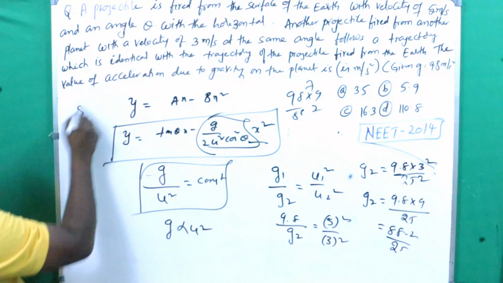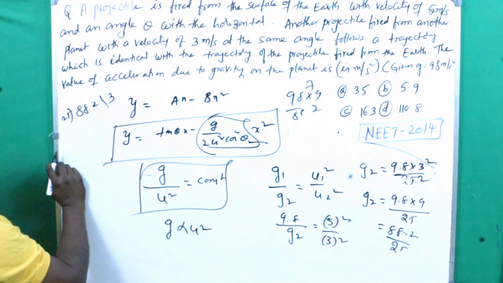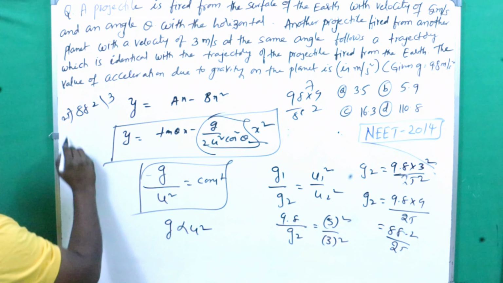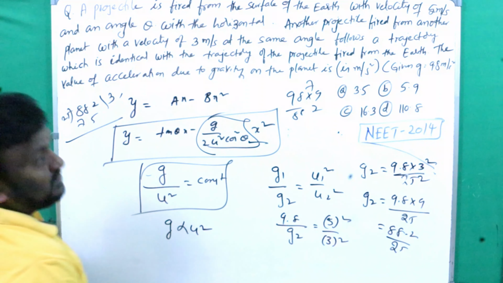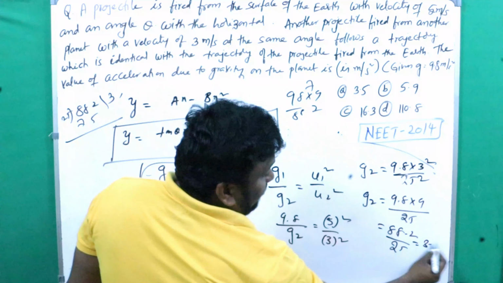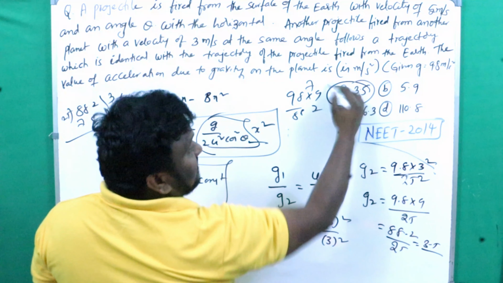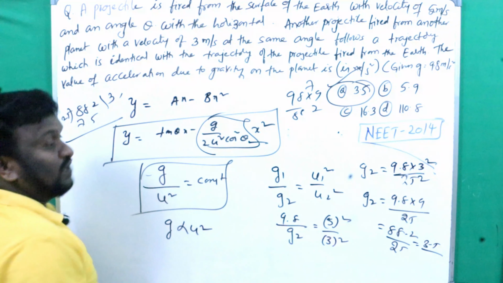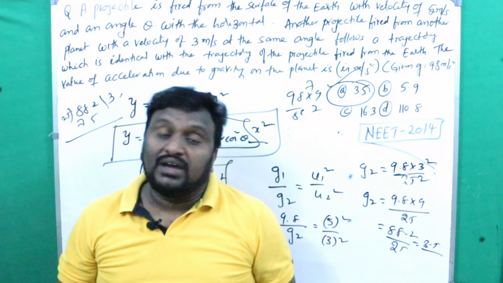So 88.2 by 25, 3 fives are 15, 75. So we will get 3.5. That's why A is the right option. 3.5 meter per second square is the value of g on the other planet.